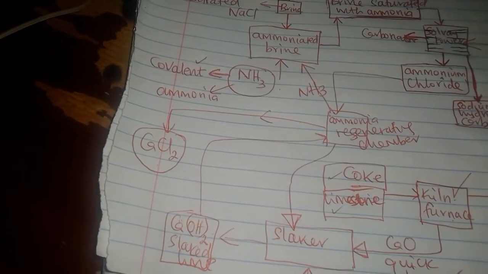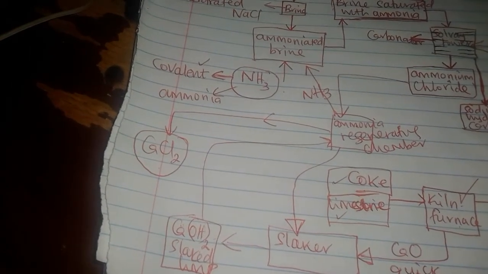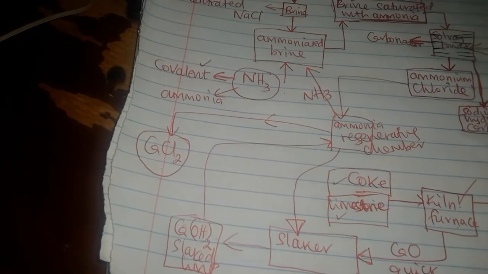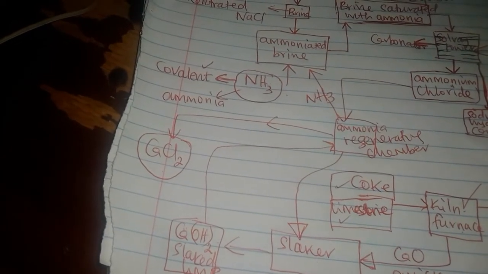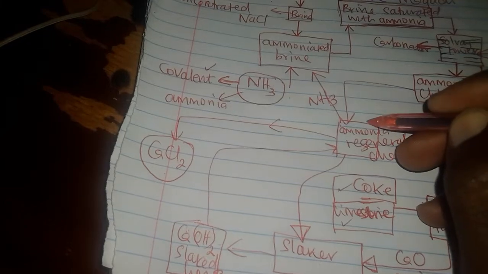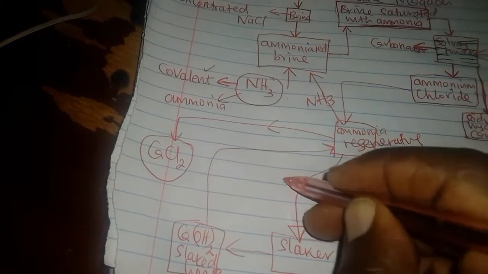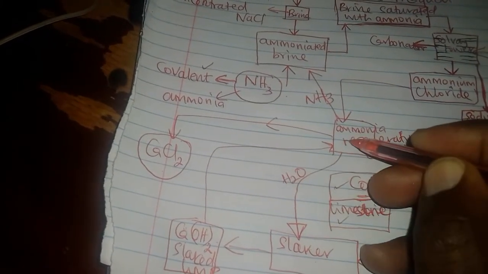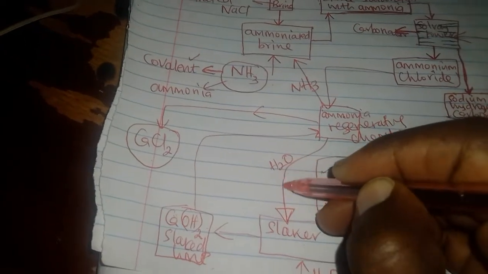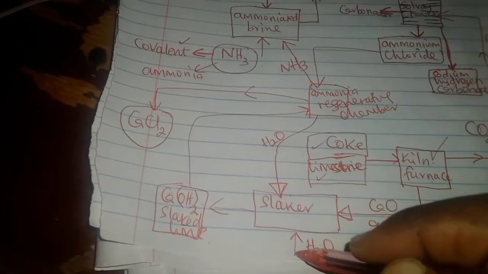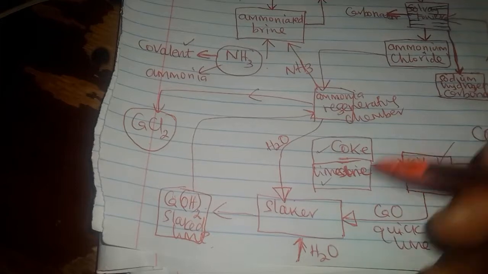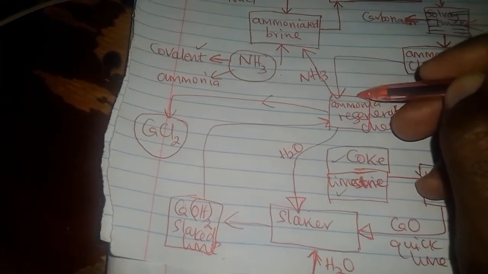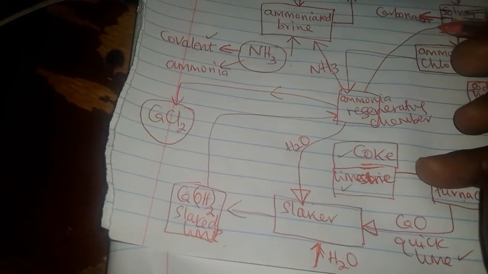Good. Also gets introduced into the slacker, or if not in the slacker, the water can also get introduced. So here we have water as also a product getting introduced into the slacker, and more water can get added. Or you can have this water directed into the carbonator.